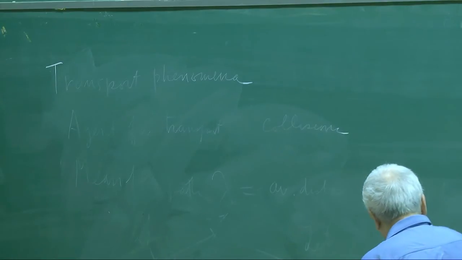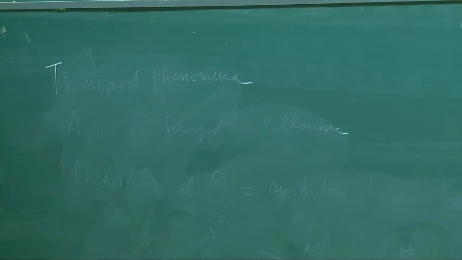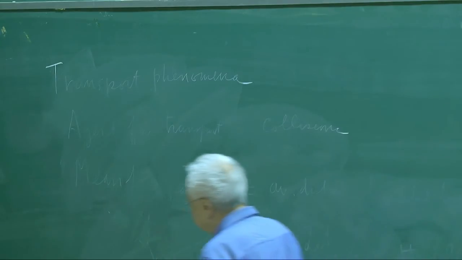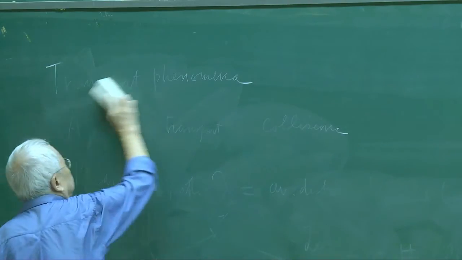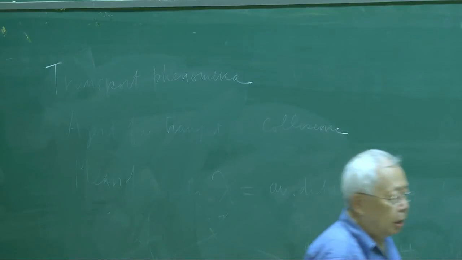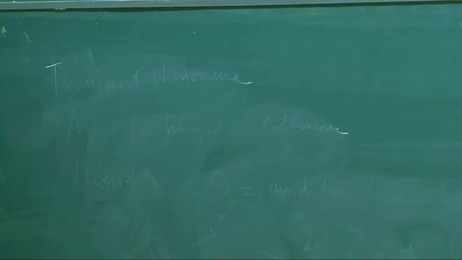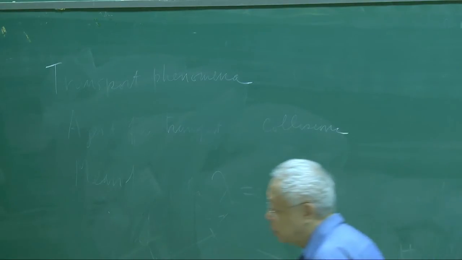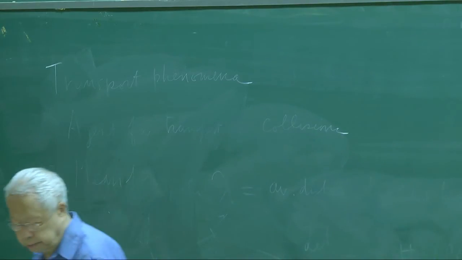Now we know the mean free path, which is the typical dimension over which quantities get transported. So when we talk about transport processes, there are 2 limiting regimes that we can consider.